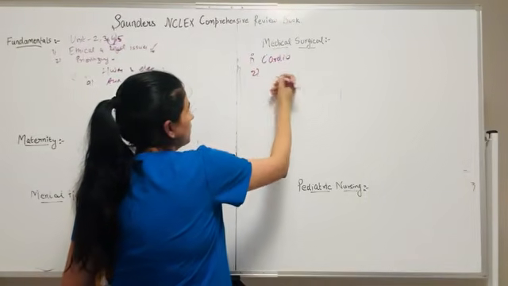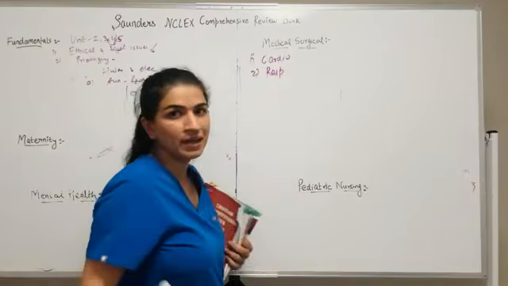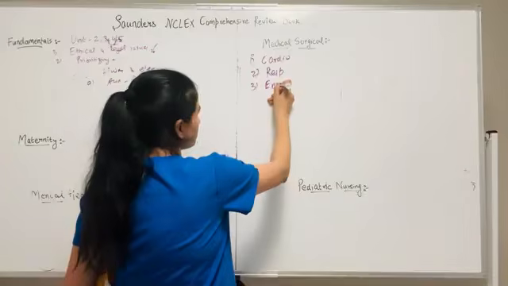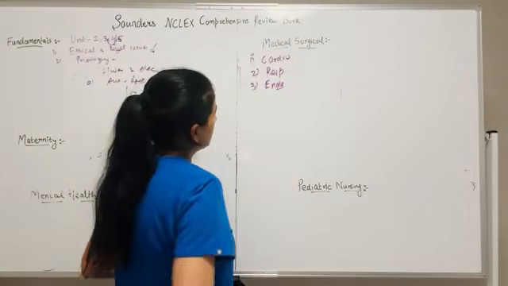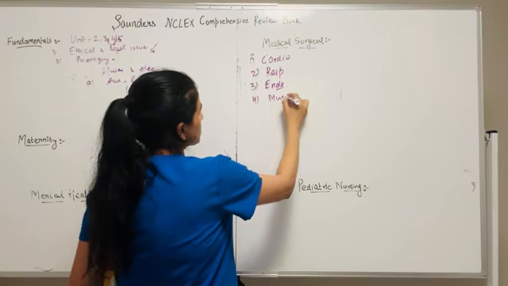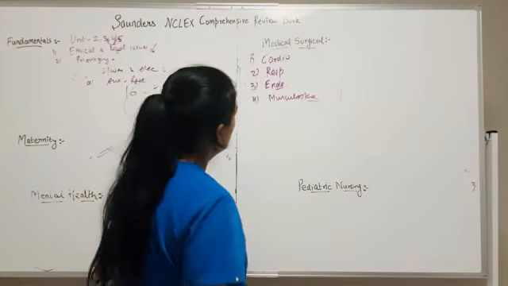Then after that, I recommend reading the respiratory system. Then after that, the endocrine system. And after the endocrine, you're going to read the musculoskeletal system.